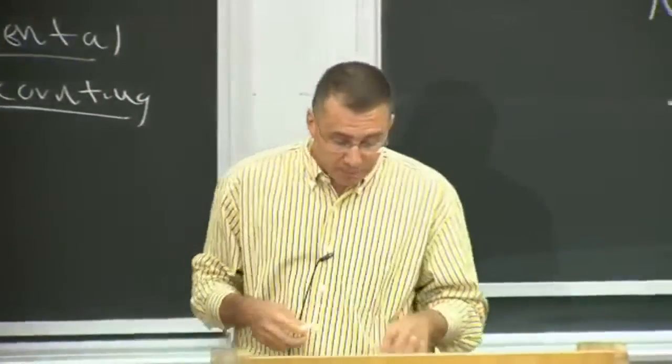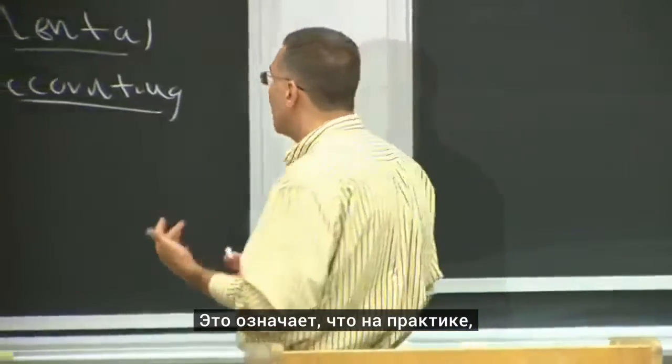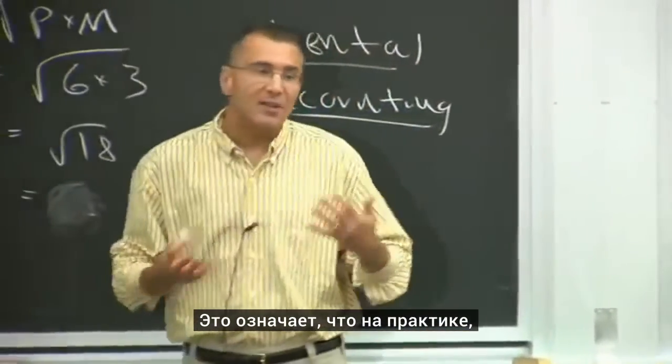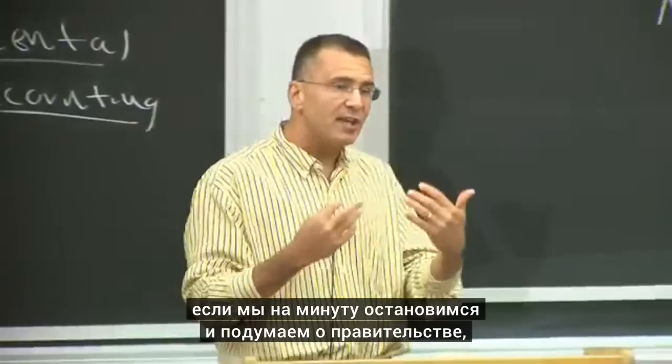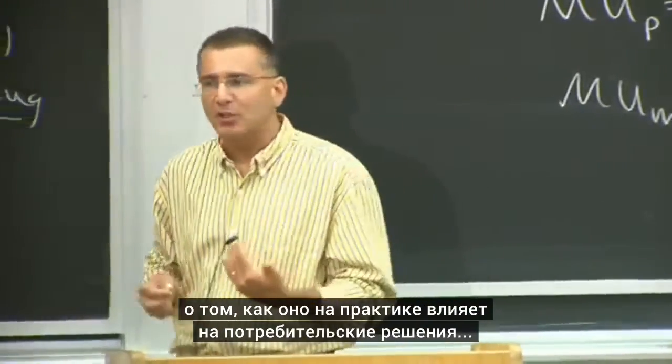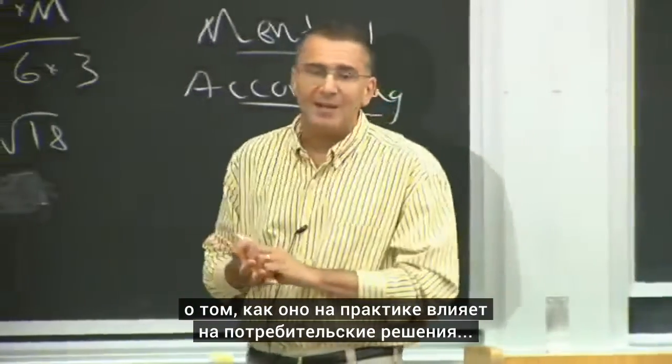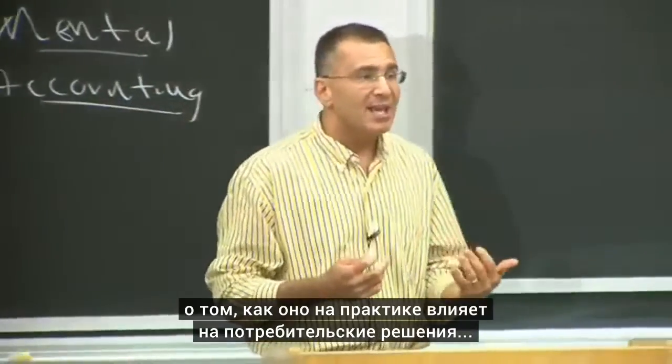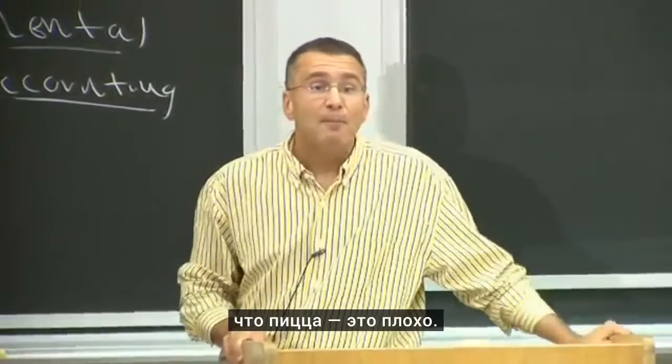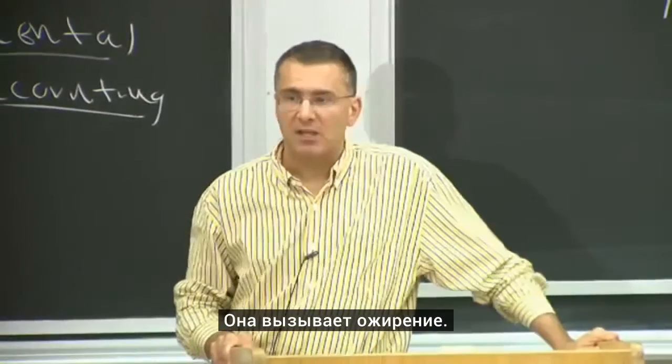Okay? What this means in practice is that if we now stop for a second to think about the government and how it affects our consumption decisions, one way we typically think of the government affecting consumption decisions is through the power of taxation. So let's say, for example, the government decided that pizzas were bad, they caused obesity.